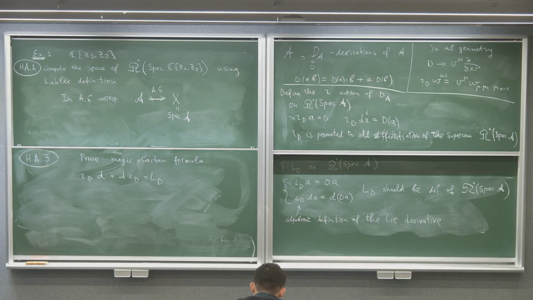So, when I explained it to you now, in the commutative context, there is one more thing that you may do. And this extra thing is to say, hey, how important is commutativity? We can do everything in the supercommutative case. If everything is algebraic, we can do the same thing in the supercommutative case.